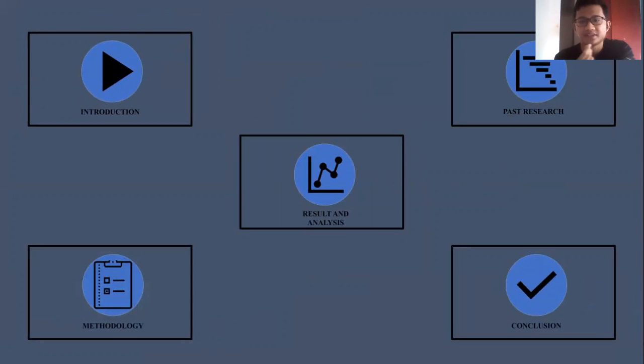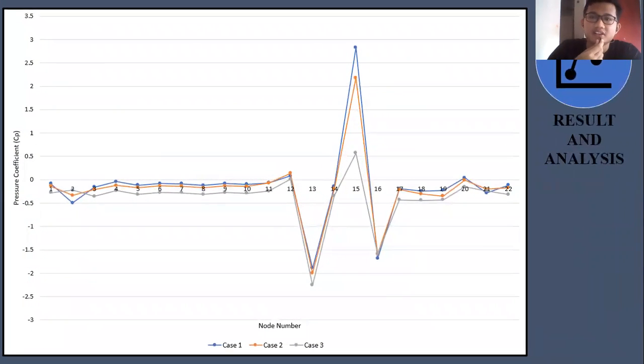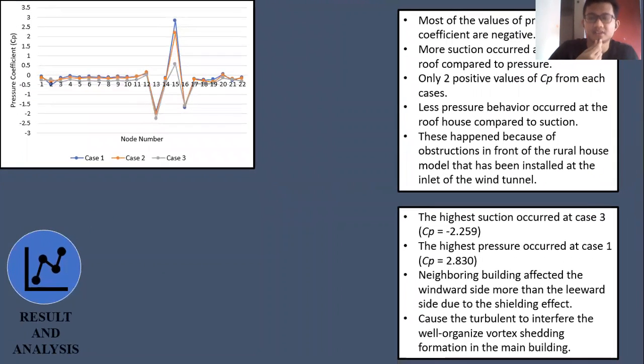Okay, let's go to the result and analysis. This is the graph from the result. From the graph, it can be seen that most of the values of pressure coefficient are negative.